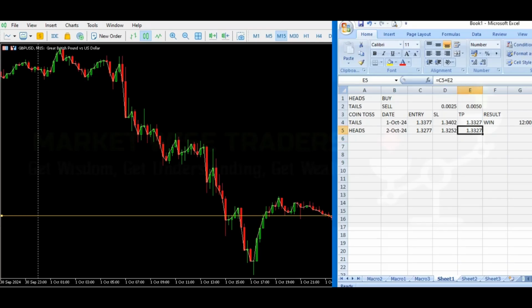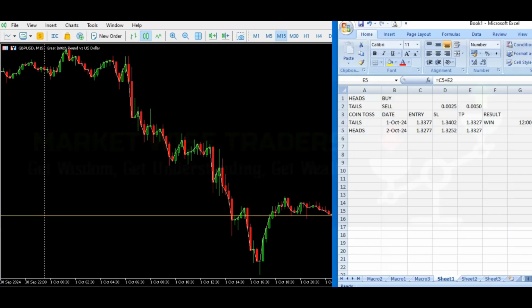Wow, what is my entry here? Let me just check this again. 132.77. My take profit, the numbers are playing up funny, but it's how it is. So 50 pips above here is 133.27. Let's put that there, somewhere up here.